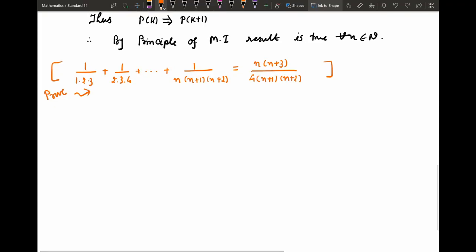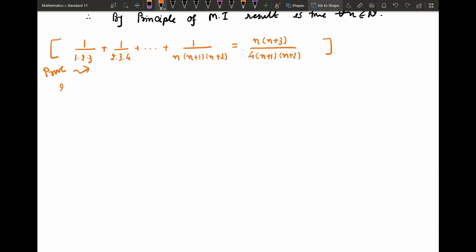Now we take next one, second example. Prove that a plus ar plus ar square and so on up to ar raised to n minus 1 equal to a into r raised to n minus 1 upon r minus 1.